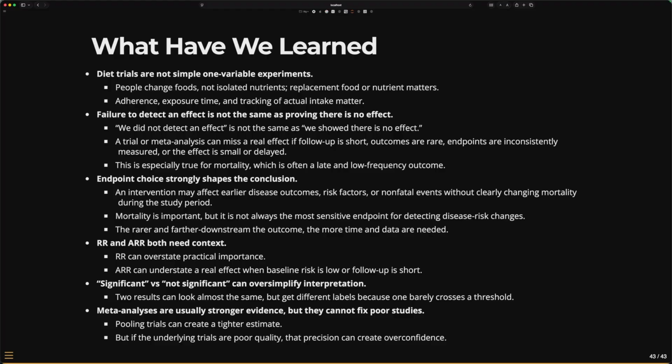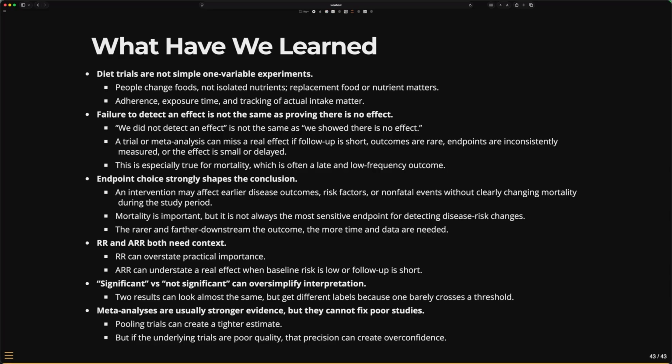Kind of related, whatever endpoint you choose strongly shapes the conclusion that you're going to make. So, all-cause mortality versus a more specific outcome will change the conclusion greatly. You have to be really clear about which endpoint you choose and what that means exactly. What are the benefits and negatives of choosing that outcome?